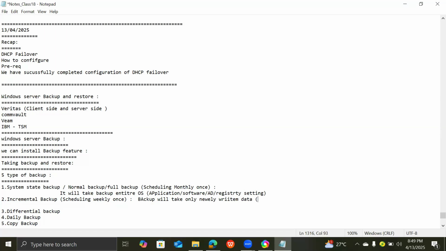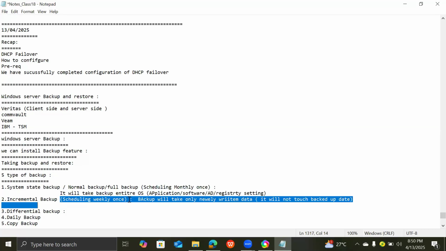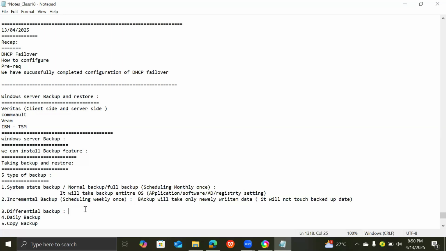It will not touch the backed up data. Remember, this is backed up data. So you can plan it weekly. The same applies to differential backup, which can also be planned weekly. Okay, the difference is here between incremental and differential backup.